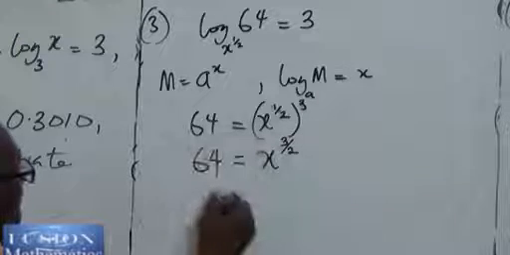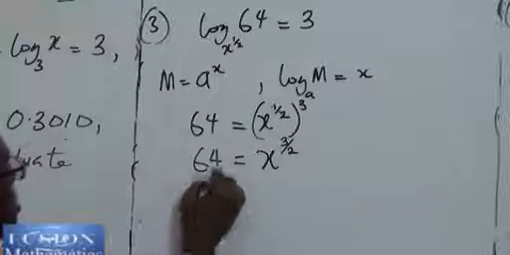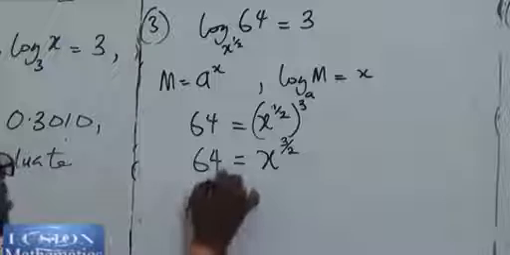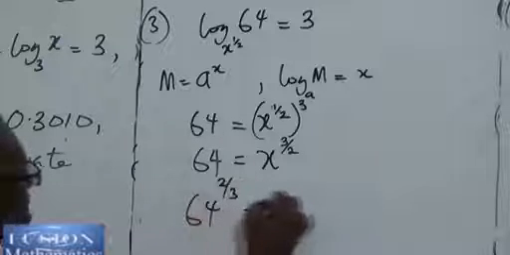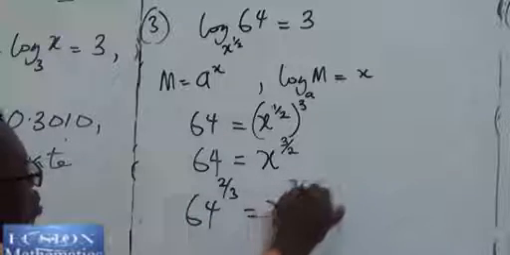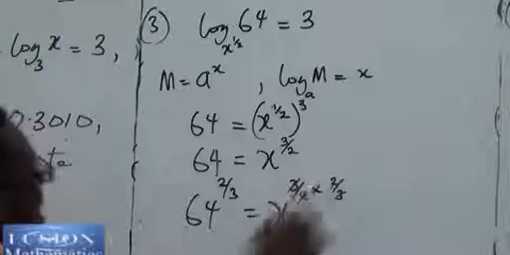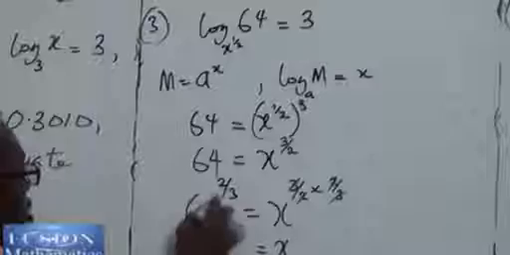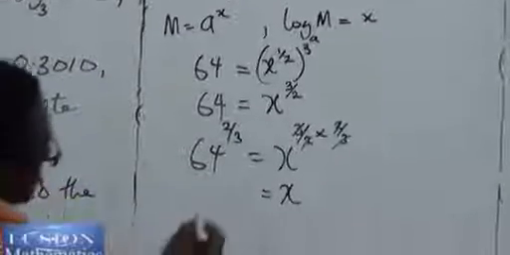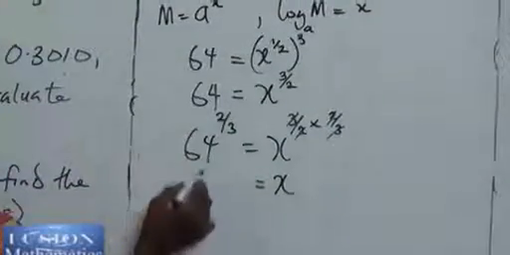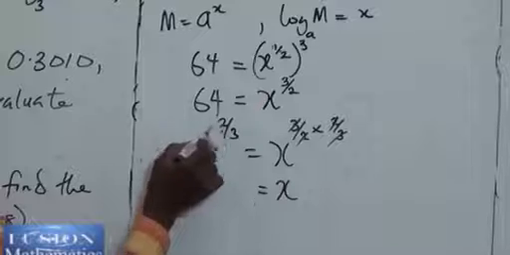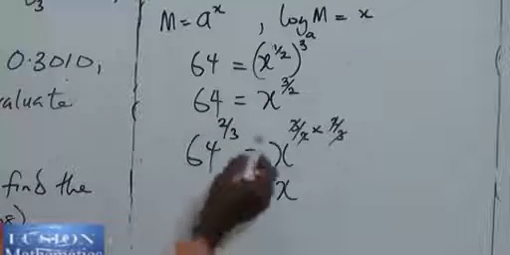So we multiply both sides by the reciprocal of the power. One side will be 64 raised to power 2 over 3, and the other side will be x raised to power 3 over 2 multiplied by 2 over 3. So by the time we cancel that, we have x equals. Now for this side, we have 2 over 3. Remember that the numerator is the power and the denominator the root.